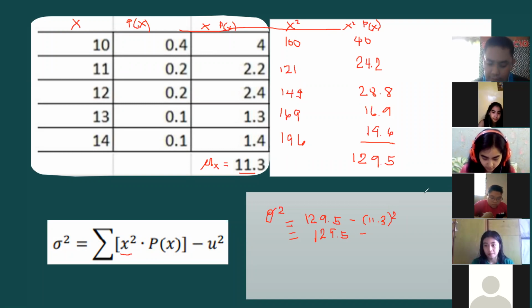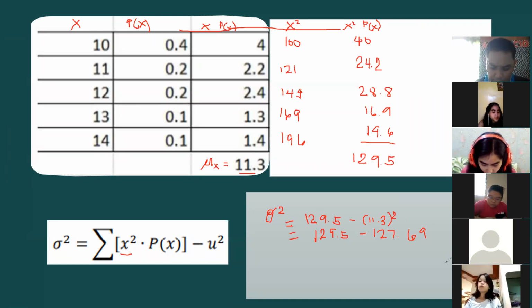I-square natin, that's 127.69. So i-minus natin, 129.5 minus 127.69. Our answer is 1.81.